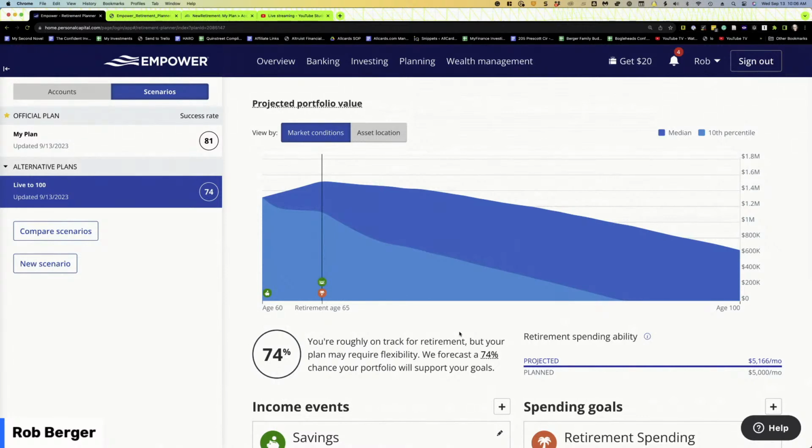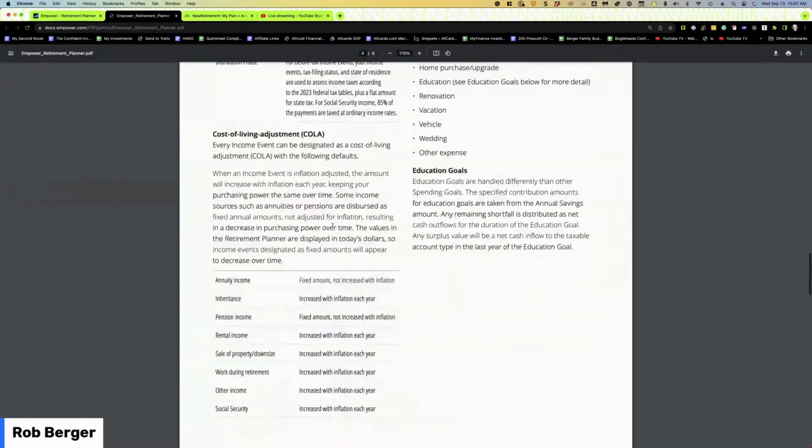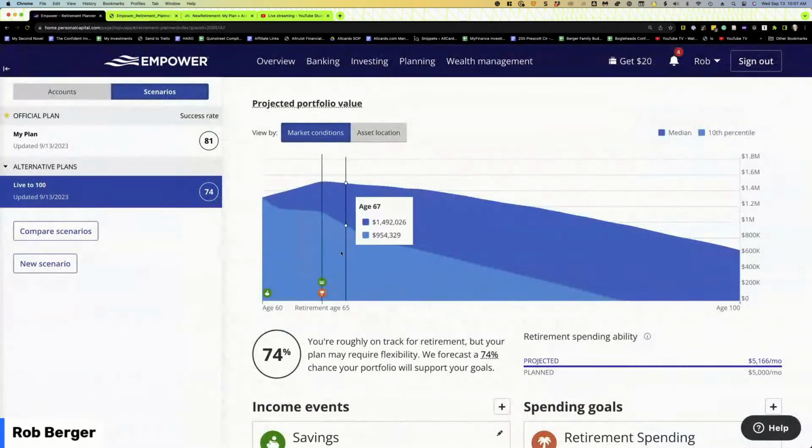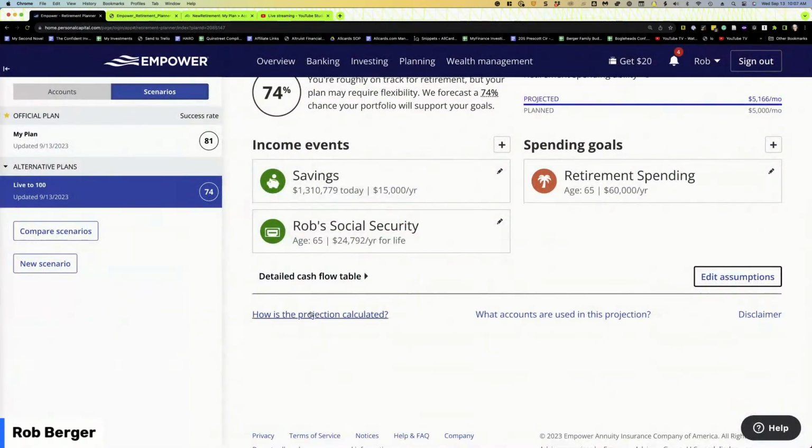And they actually base it in part on your specific asset allocation, because although in this one I've entered accounts manually, if you're using Empower, you can connect your actual accounts. It then knows your actual asset allocation and can base return assumptions on your actual investments. And by the way, there's a paper that they go into here where you can get all of the details, and you'll find it right here. This link takes you to that paper.